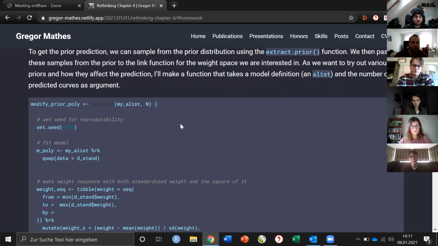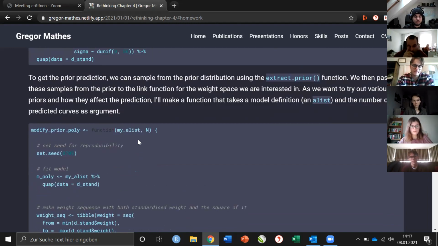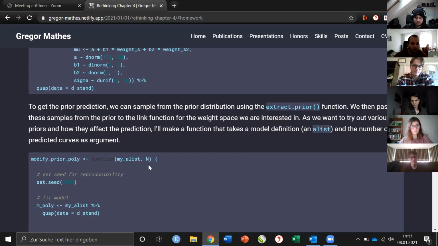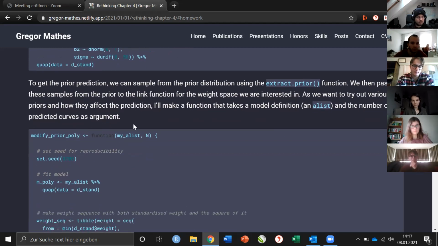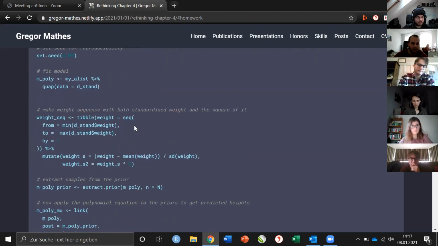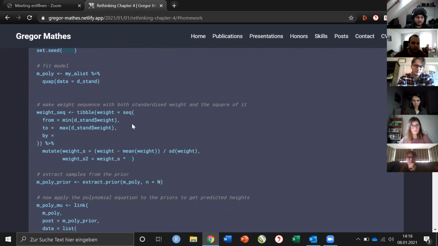And I've written my own function that is dependent on the priors I use because I want to play with them a little bit, and the number of predicted curves as an argument because I want to see how that affects it as well.